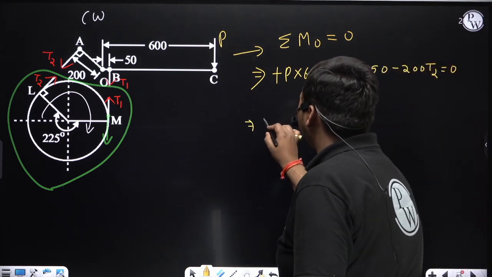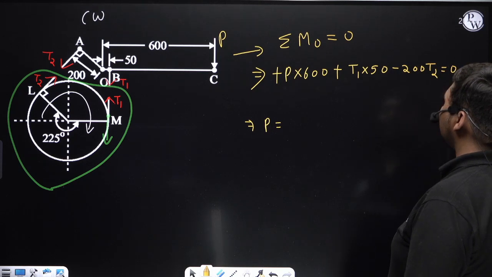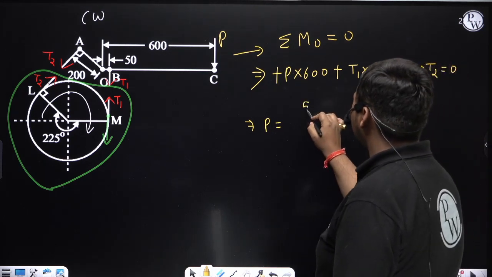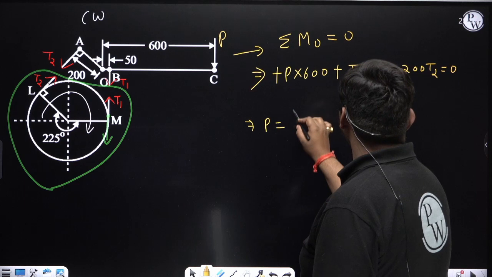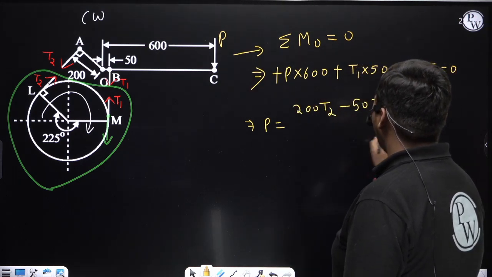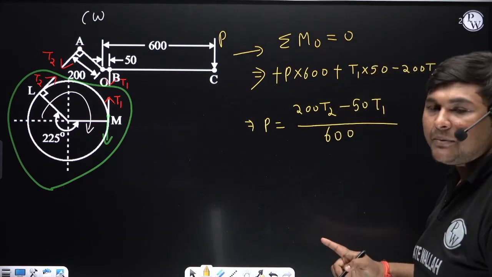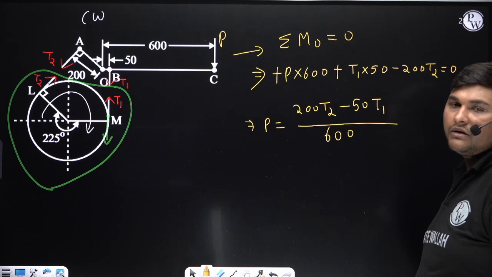From this you will find the relation for effort P. This plus will go to the other side and become minus, and this minus will go to the other side and become plus. So this relation will be P equals 200 T2 minus 50 T1 upon 600. If the examiner is asking whether it is self-energizing or not, it is self-energizing due to tension T1. But that is a different thing.